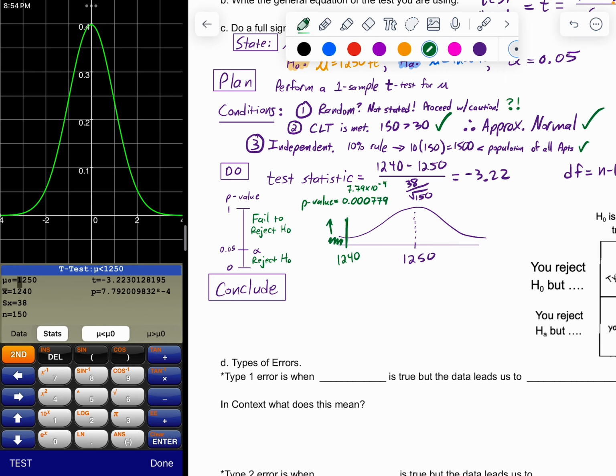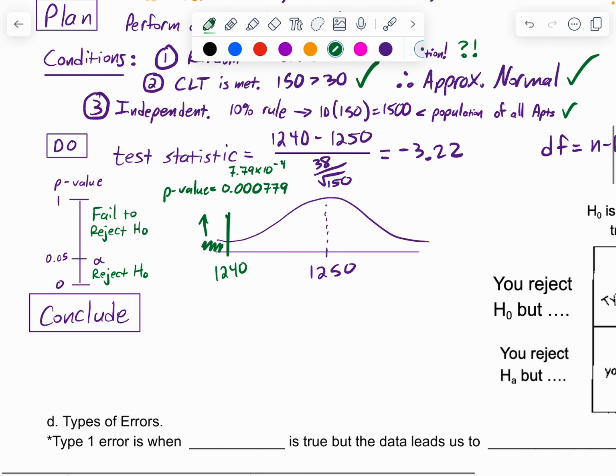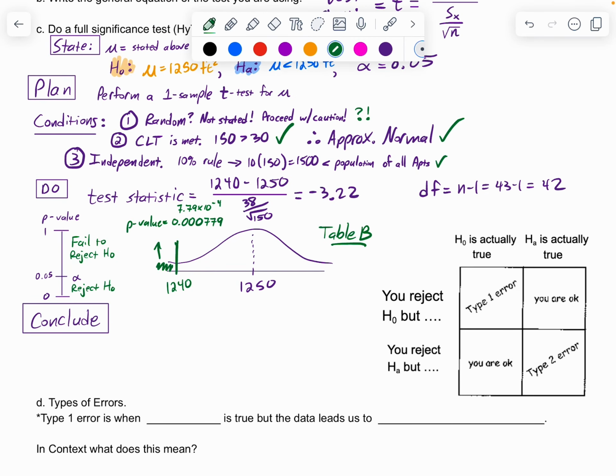Now, let me also just show you how you would do this on the green packet. You would look this up in table B because it's a t distribution. That's how we're treating it. And we're going to look up the 42 degrees of freedom and our test statistic.